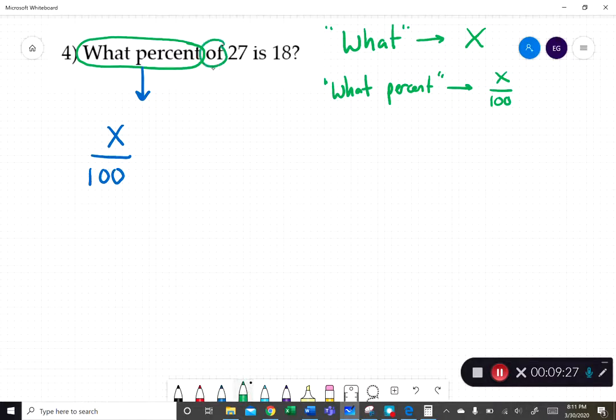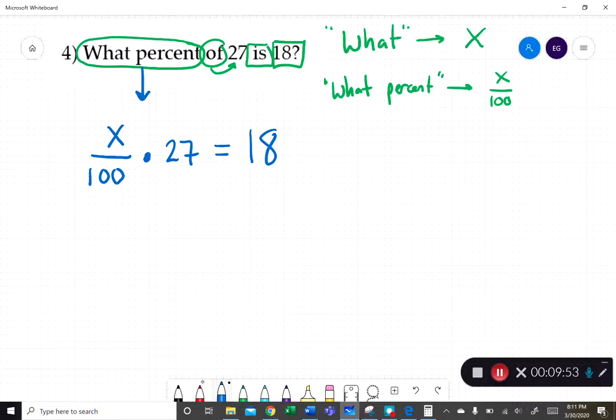Remember, of a number, so of 27. So that means times 27. Is, remember, is the equal sign. And 18 is already a number, so we have 18.